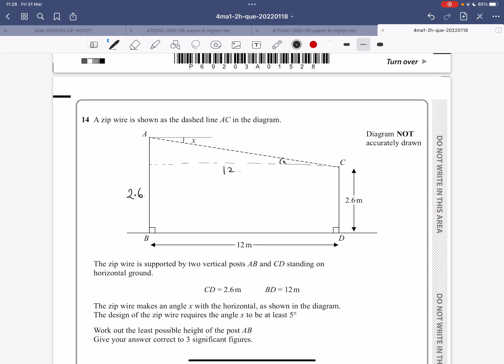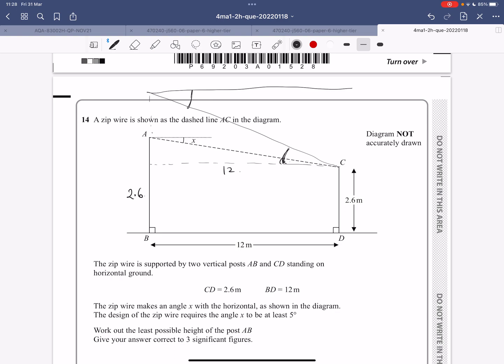So if the angle is more than 5, it's going to go like this, isn't it? Because then that X is going to be more than 5, so that'll be more than 5 there. So this will be higher.